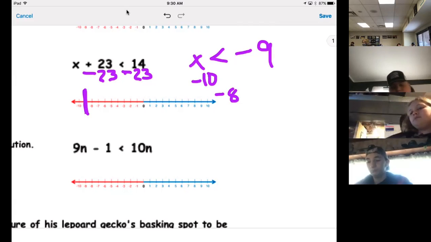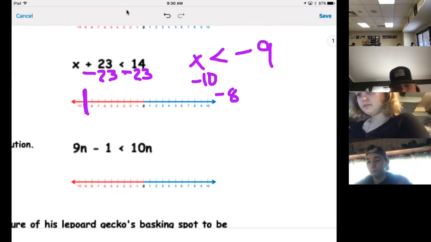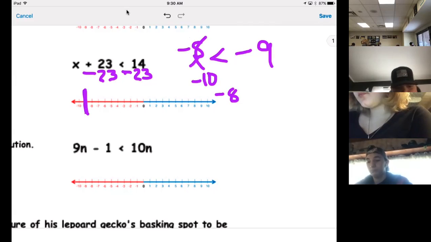Cooper, which one do you think? Is the alligator eating the bigger number when you have negative 8 in for X? Remember, when they're negative, it's opposite. Like, I'd rather be $8 in the hole than $9 in the hole.